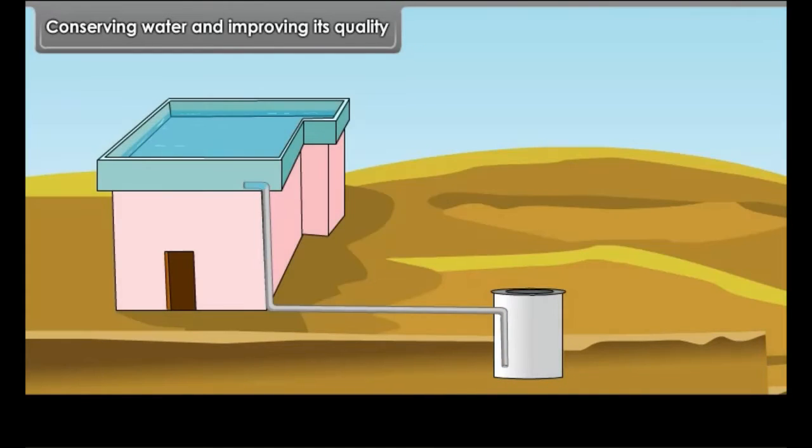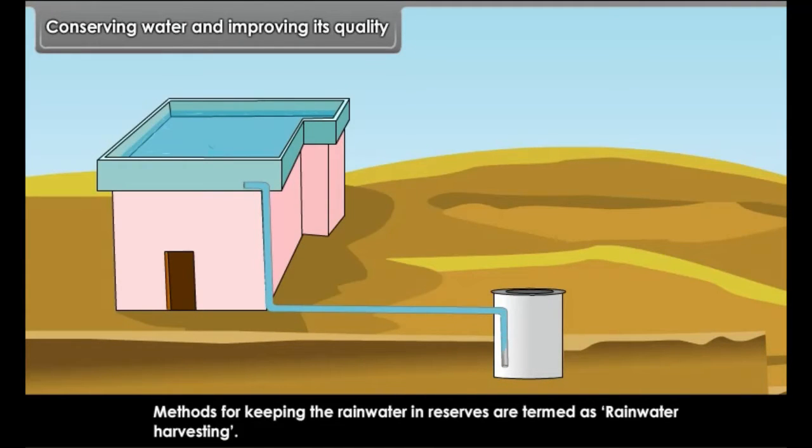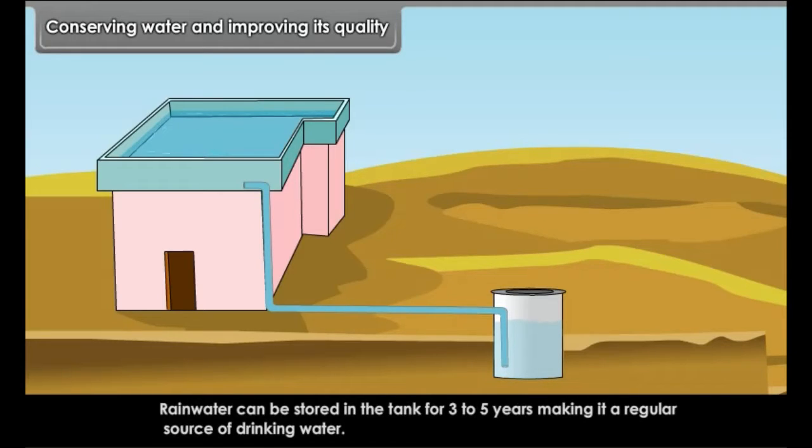Rainwater harvesting. Methods for keeping the rainwater in reserves are termed as rainwater harvesting. Do you know? Rainwater can be stored in the tank for 3 to 5 years, making it a regular source of drinking water.